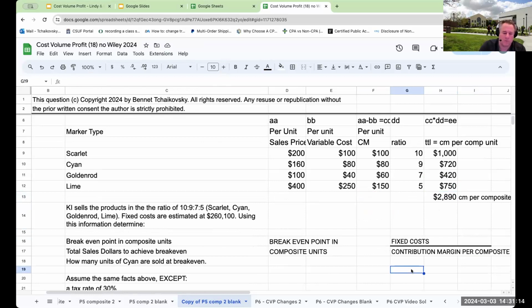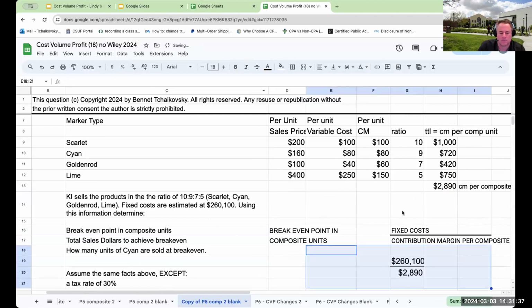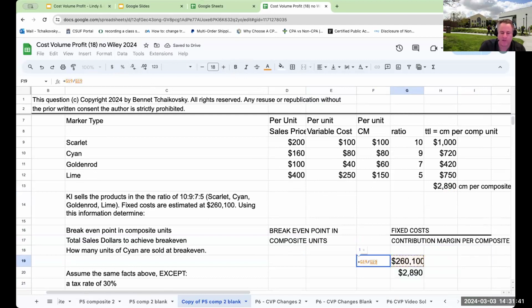So to figure out the break-even point in composite units, I need to take my fixed costs, which are 260,100, and divide this by 2,890. My break-even point in composite units is going to be 90.